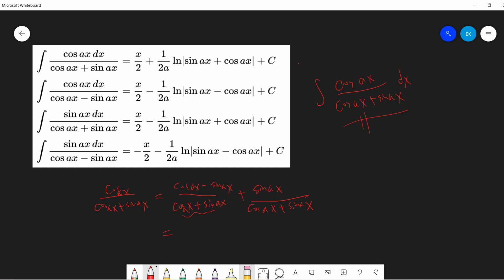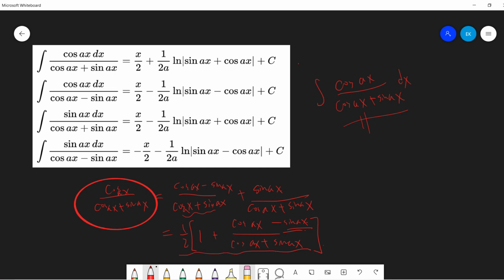So I want to write as 1 plus sine ax, right? And there's a cosine here, so it's cosine ax minus sine ax, right? So and I add a half, right? So one can write this as this.